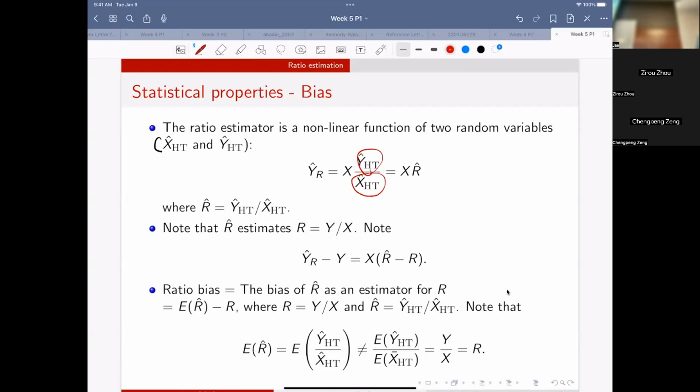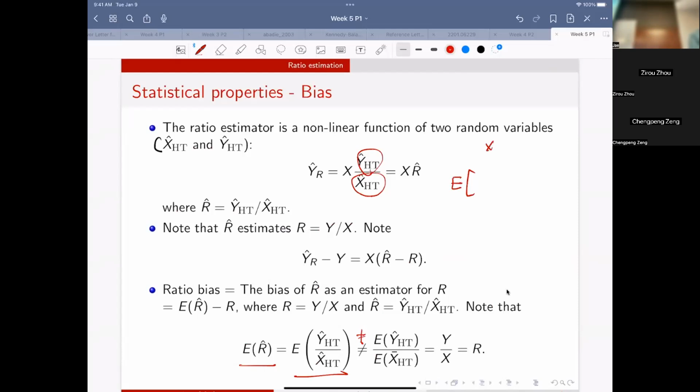Because this is equal to this by definition, and then this equality does not hold. You cannot really apply expectation to the numerator and denominator separately, even if the two random variables are independent.